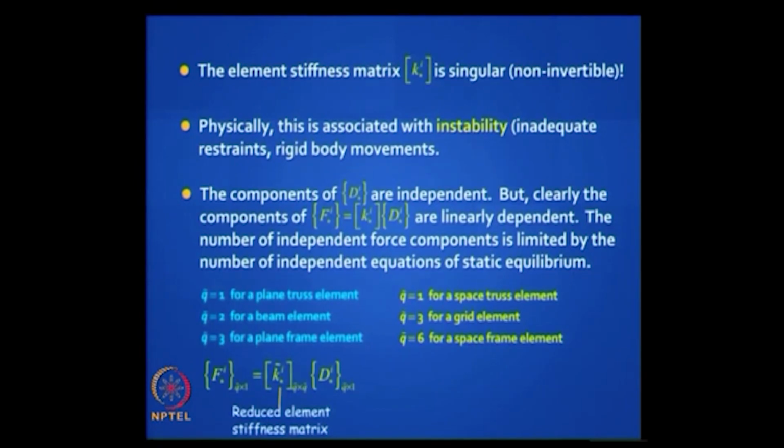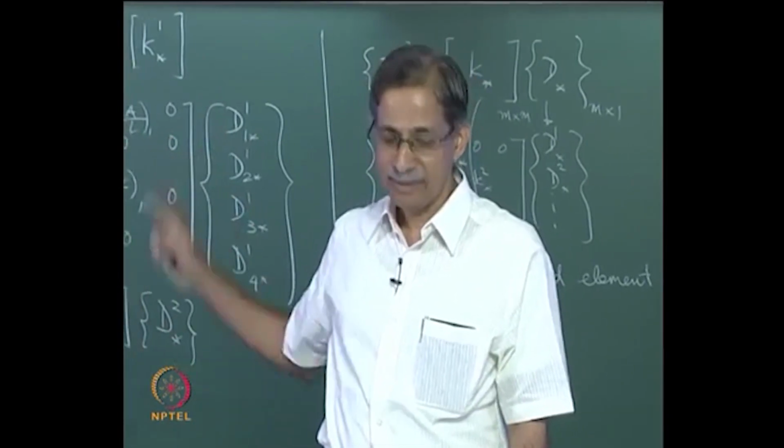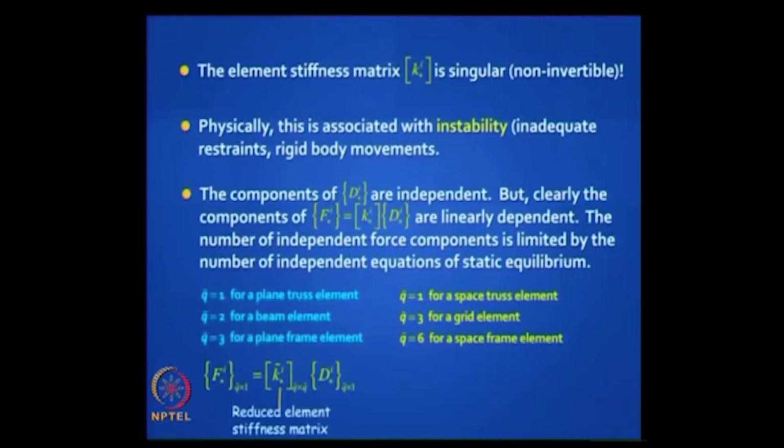So I bring a new notation here, okay, the tilde is my notation for telling you that this element stiffness matrix is different from the stiffness matrix we talked about till now. This is dealing with the reduced size of the matrix. This has an inverse because the rank is full here.